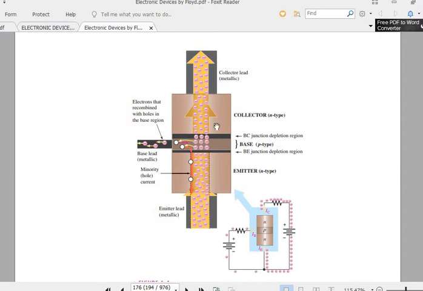More precisely, this figure is given in which this is the emitter, base and collector.